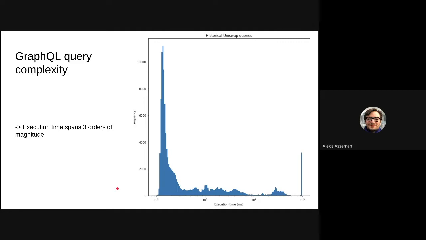We do need to take them into account, because they impact our server's performance so much, we really need to price that in. And also disincentivize app developers to send us very bad queries. Here we can see that we can easily span 3 orders of magnitude in terms of execution time. So it's very large.